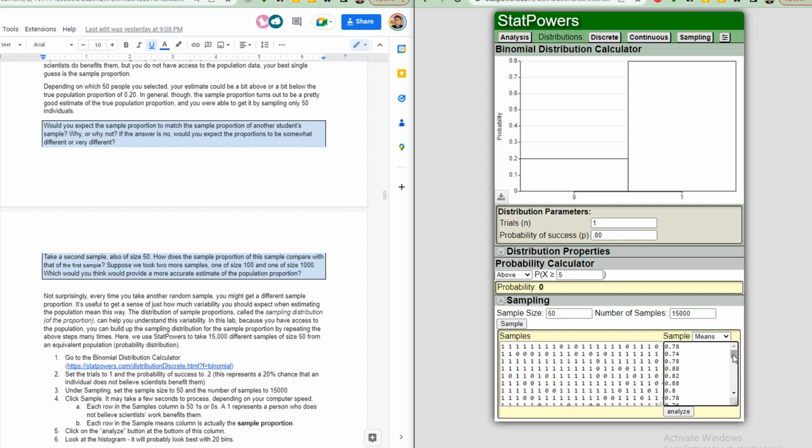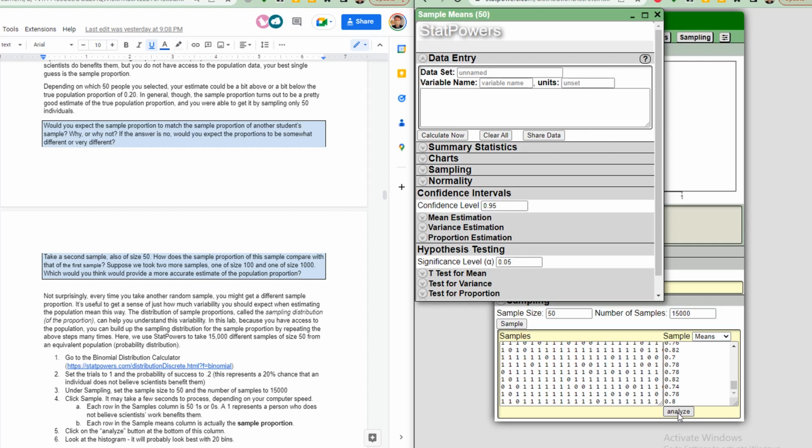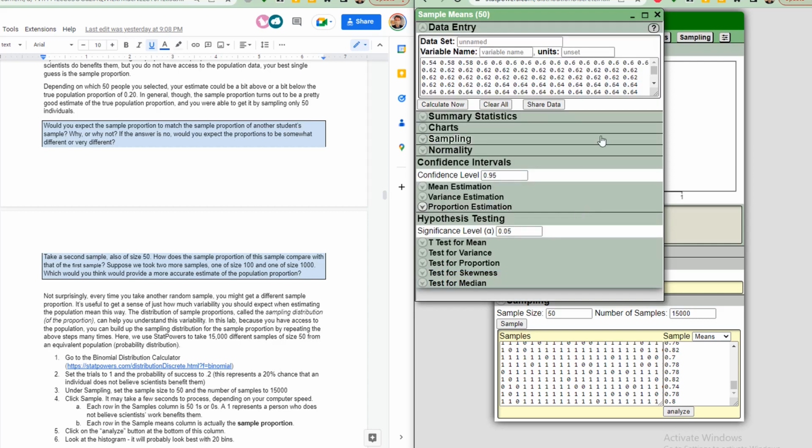So I'm going to click Analyze to take these 15,000 sample proportions, bring them into a new window, and we'll do a little bit of poking around at these values and see what we can say about them. So let's look at the histogram.